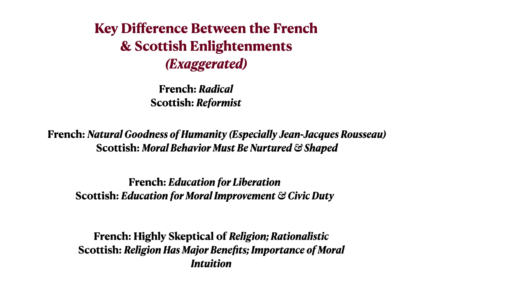Where in the Scottish Enlightenment, most of the thinkers thought that religion has very important benefits, and they definitely did move away from the stern Calvinist Presbyterianism of their predecessors, but they remained within the Presbyterian fold in general, and brought together rationalism and religion, if you will. And they also really believed, at least many of them, in the importance of moral intuition.